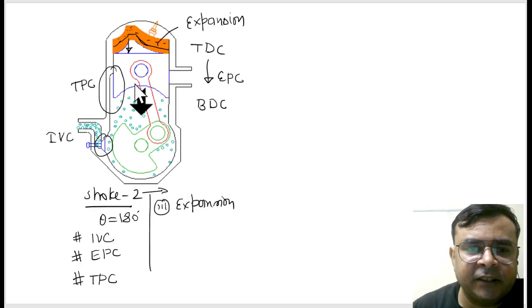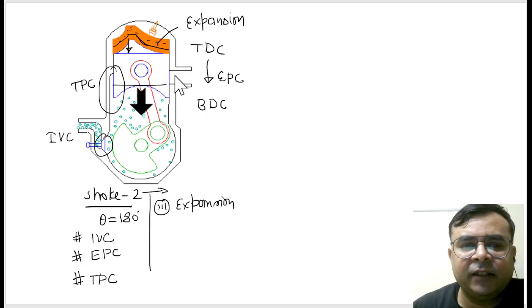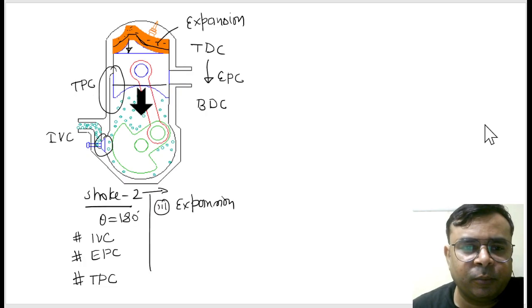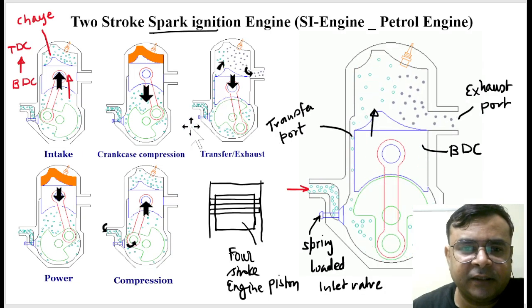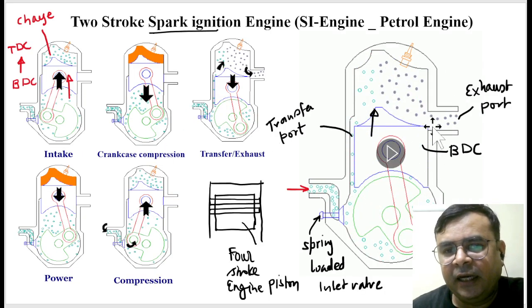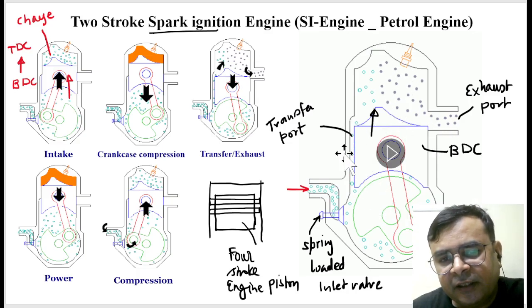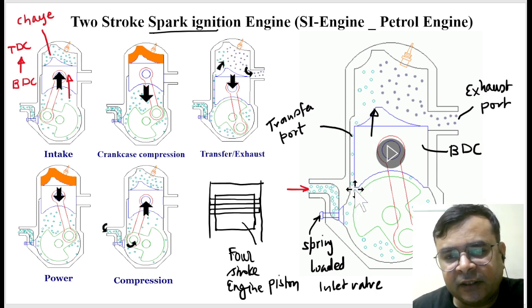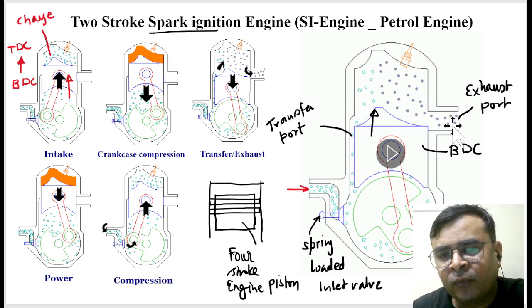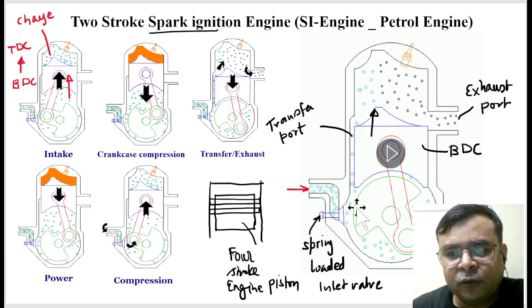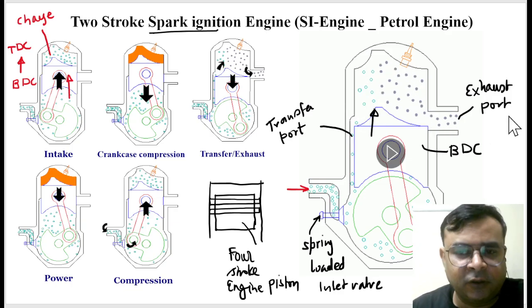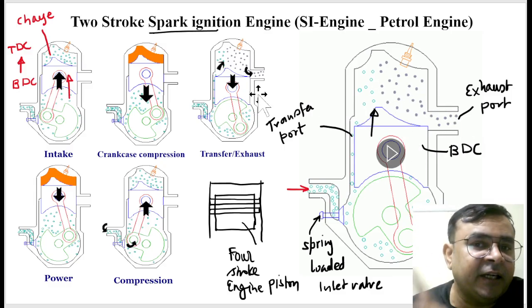But once the piston reaches below the exhaust port, and when the piston reaches the BDC, then again this port gets open. This inlet transfer port gets open, and this exhaust port will also open. Since the fresh charge is again entering into the cylinder, because of that pressure, the exhaust gases may escape from the exhaust port. Is it right? And this is happening in the second stroke itself.